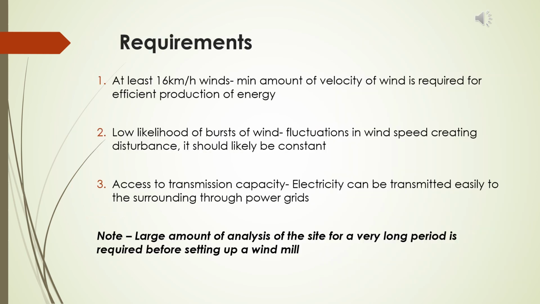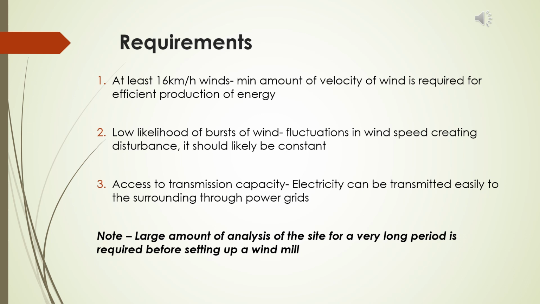Now the important thing is, what are the requirements for setting up a windmill? The first one is wind speed. At least 16 km/h speed of wind is required for the efficient production of energy. The second point is minimum fluctuations in wind speed.